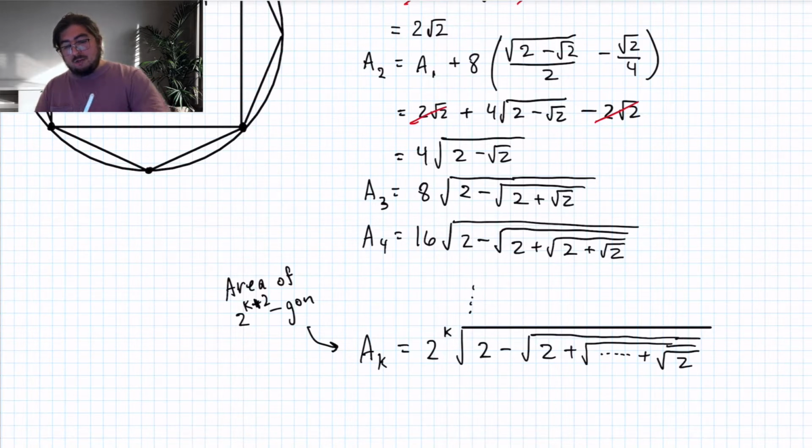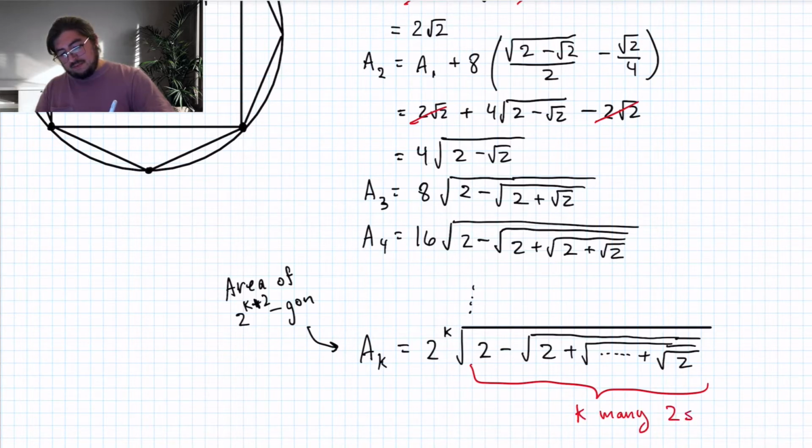How many 2's there are inside the radical is exactly k. It's the same as the number of radicals, so k many radicals. Something to notice is that they're not all pluses on the inside. The first one is a minus, and all of the other ones are pluses. There are not even alternating signs, so it's kind of curious.